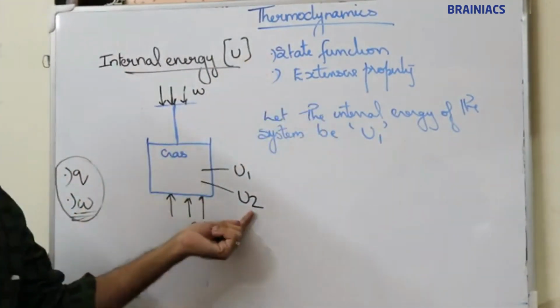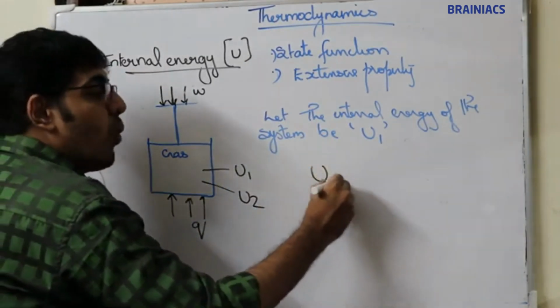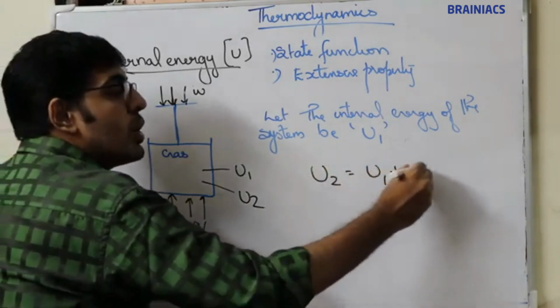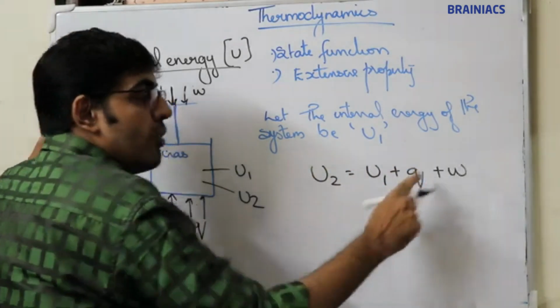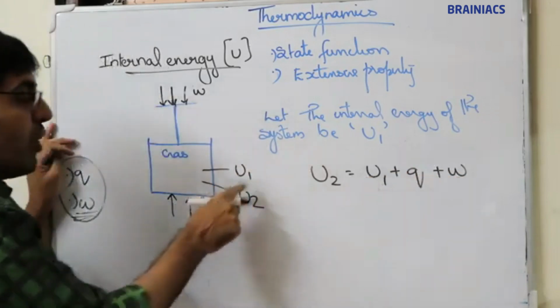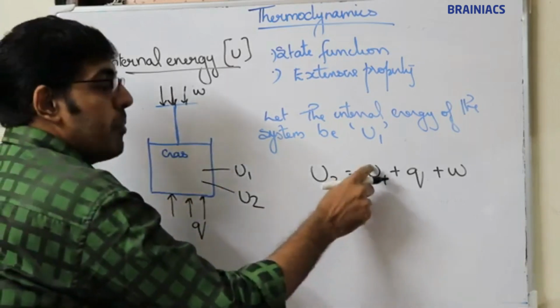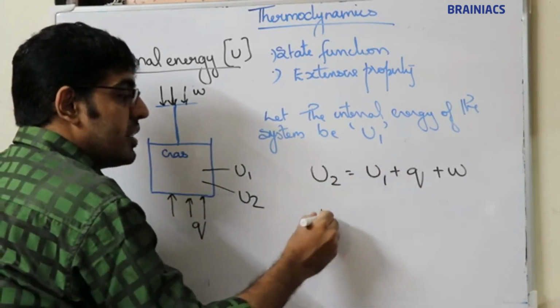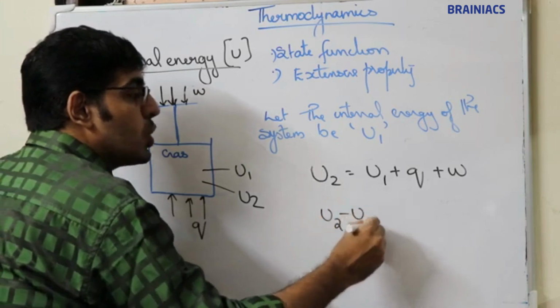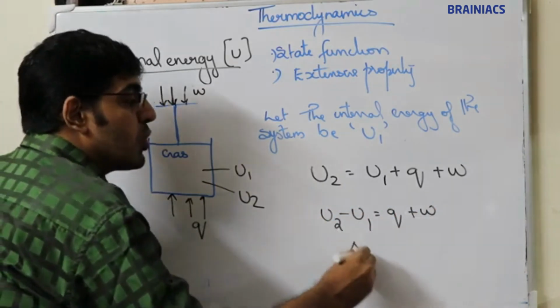Let the new internal energy be U2. So we can write U2 is equal to U1 plus Q plus W. When we supply heat energy and work energy to the initial internal energy, we get U2, the final internal energy. So I am taking this U1 here. So U2 minus U1 is equal to Q plus W. What is U2 minus U1?